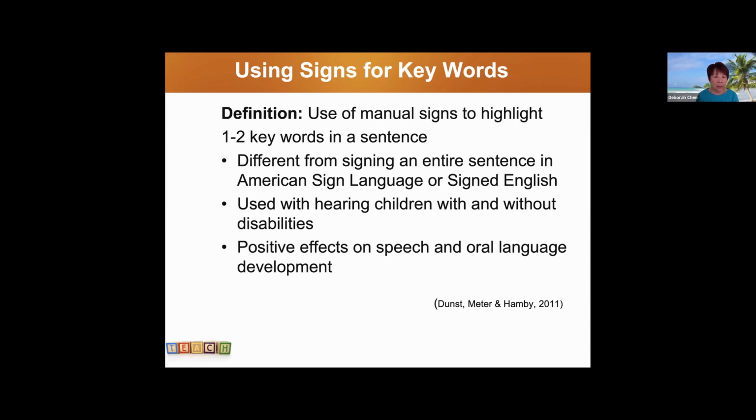There's research on this with both hearing children with and without disabilities. And research shows their positive effects on speech and oral language development, and that the use of signs does not inhibit a child's speech potential.